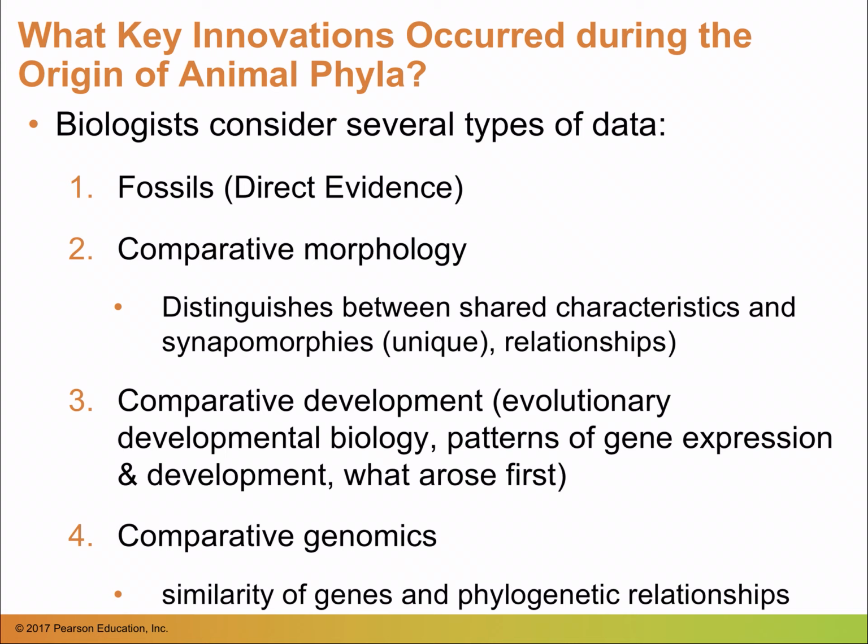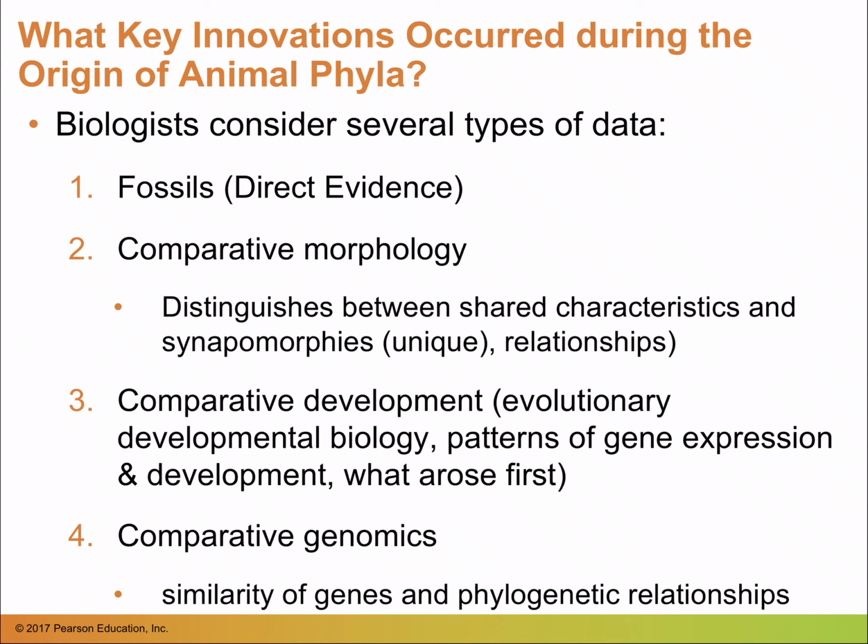So just because you find a fossil doesn't necessarily mean that that's the only type of animal that was in that area. It just may mean that it was the most abundant. But they are a direct source of evidence, and we can look and see different layers of where we find different animals, and that can give us an idea of their relatedness. Second one, comparative morphology. This takes a look at the unique characteristics and synapomorphies, or unique relationships among different groups of animals.